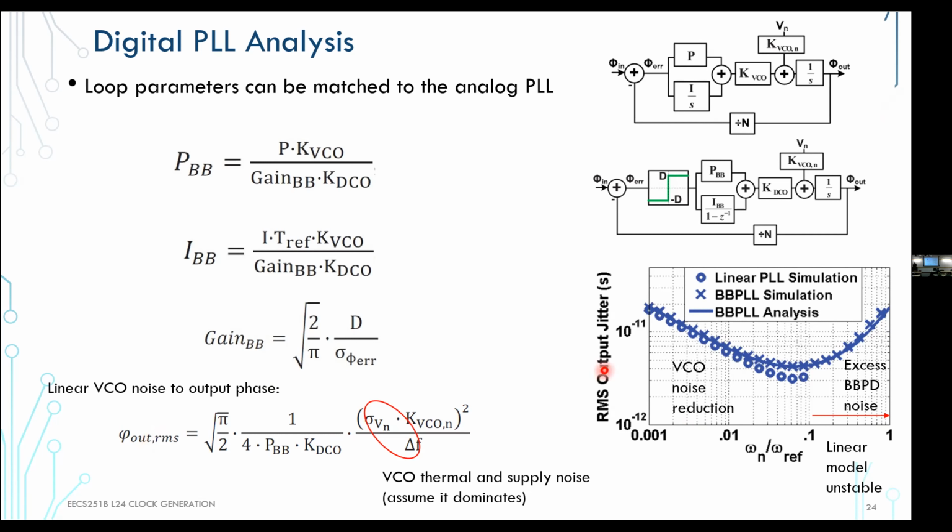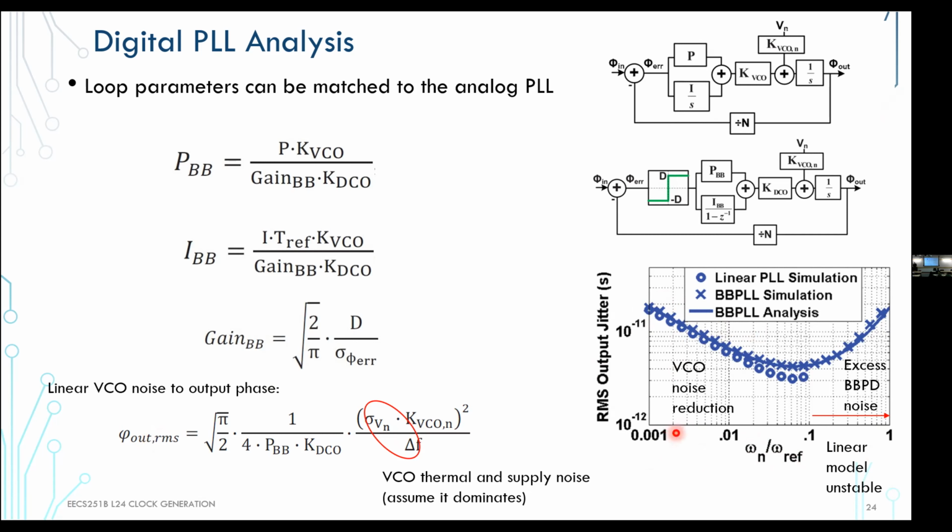Here they did a little simulation to confirm how this model works versus omega n, which is the bandwidth of your PLL with respect to omega reference.